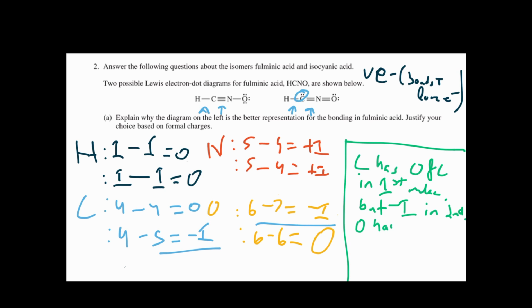Oxygen has -1 formal charge in the first and 0 in the second. The first is better because of oxygen's formal charge, and you will go on to explain that you want your more electronegative atom to carry the negative charge.